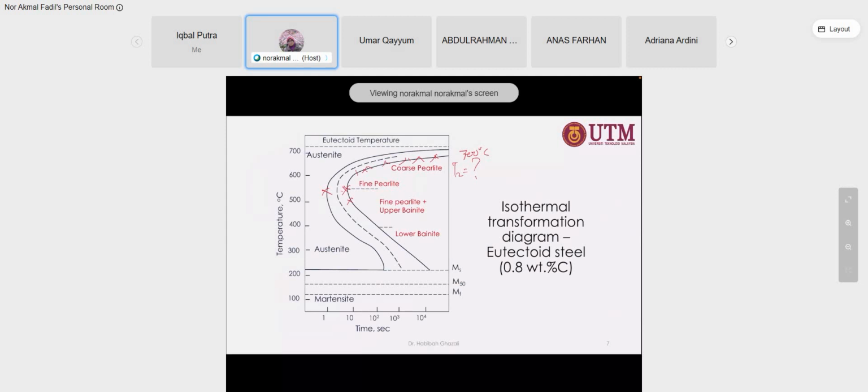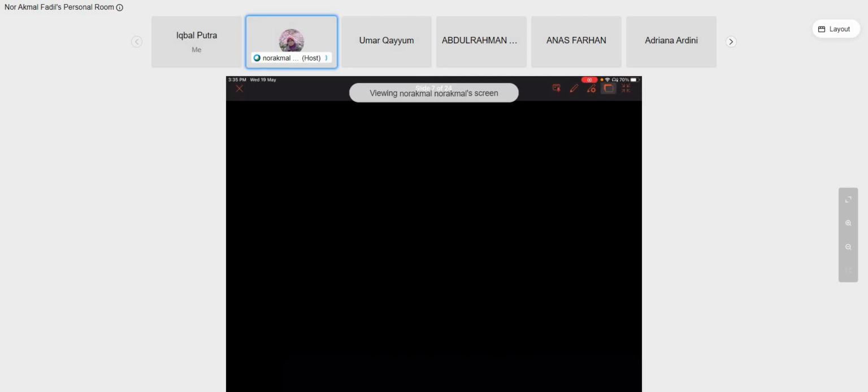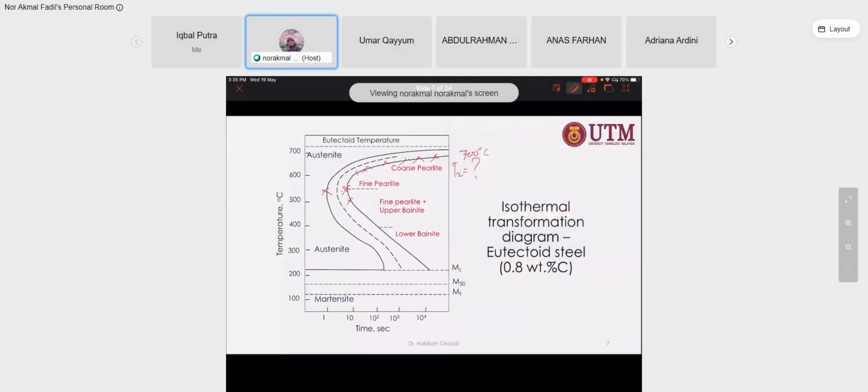Right. So if we are looking at this C curve or TTT diagram, isothermal transformation diagram.